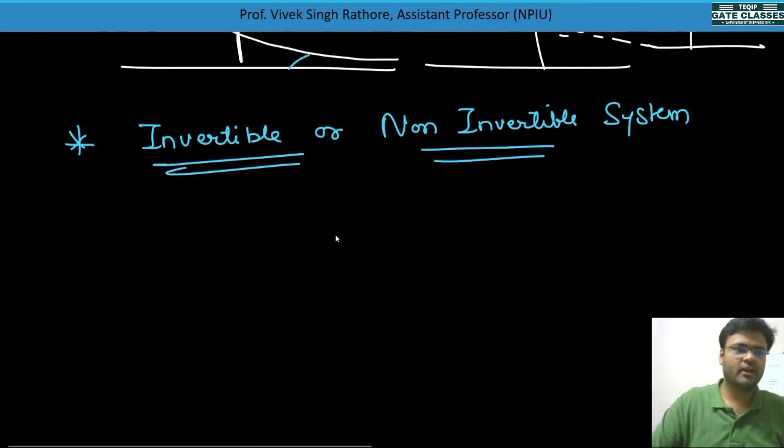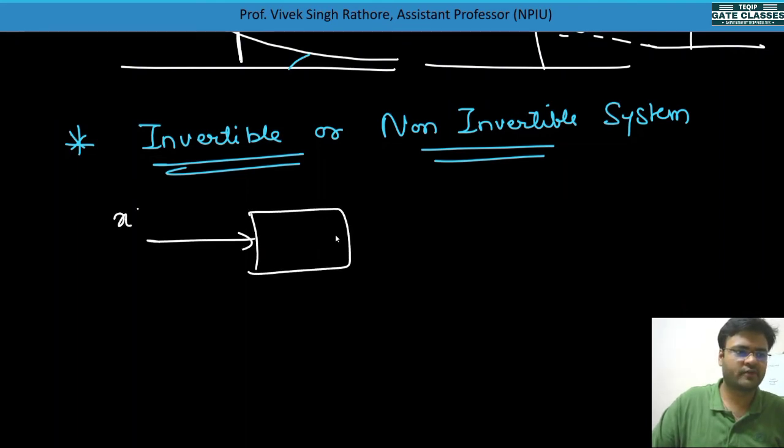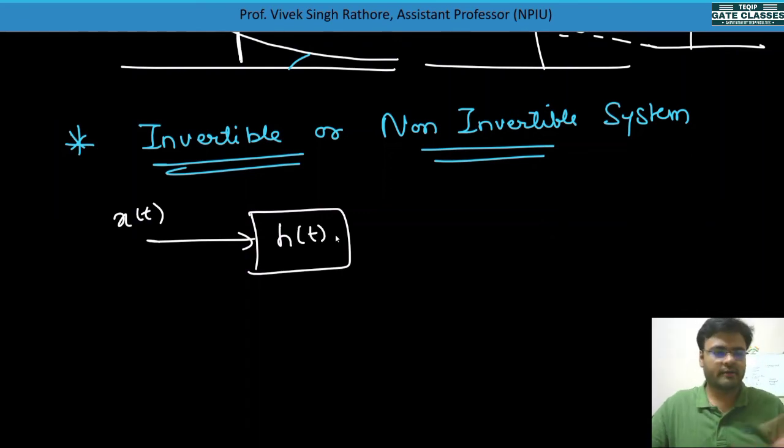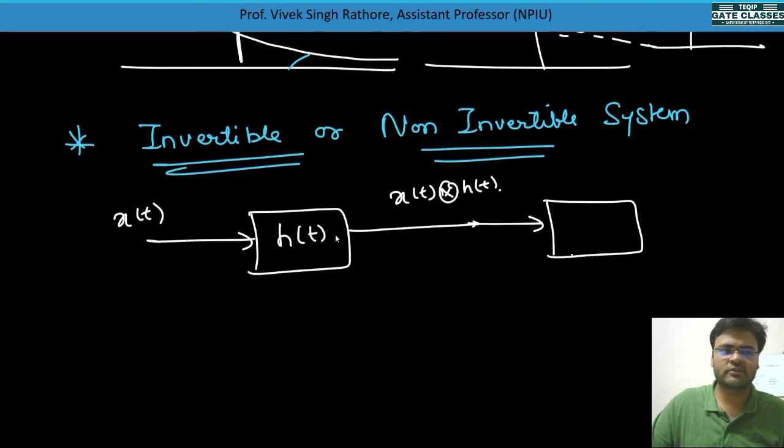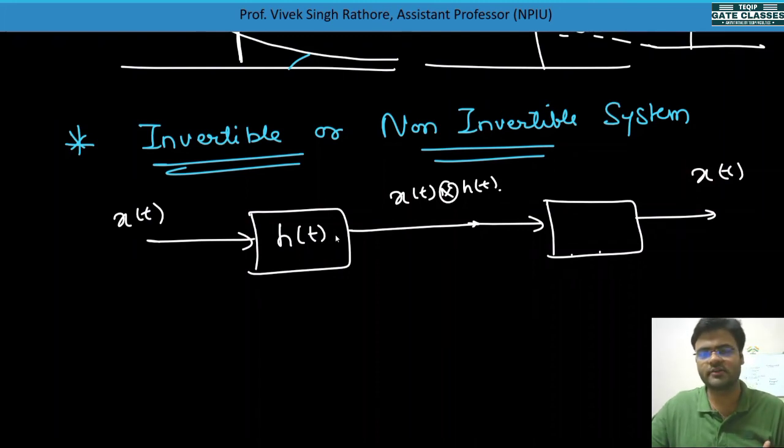So earlier we have seen x of t was given to a system, and if you are getting output as x of t convolved with h of t, and if you give that to a system in which we again get output as x of t, then this system was called an inverse system and the original system was called an invertible system.